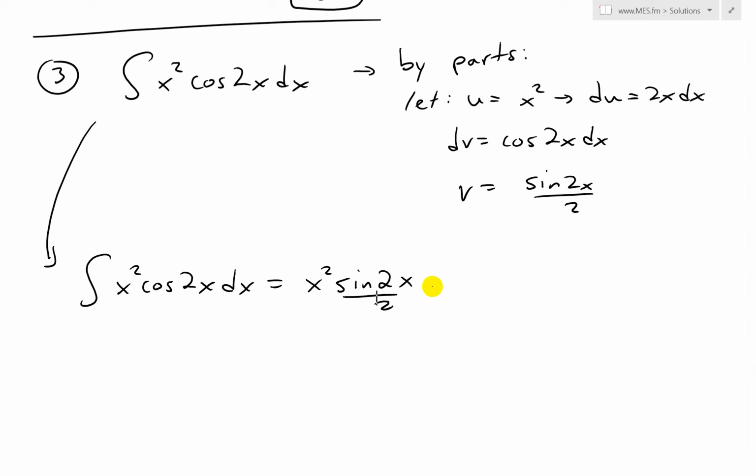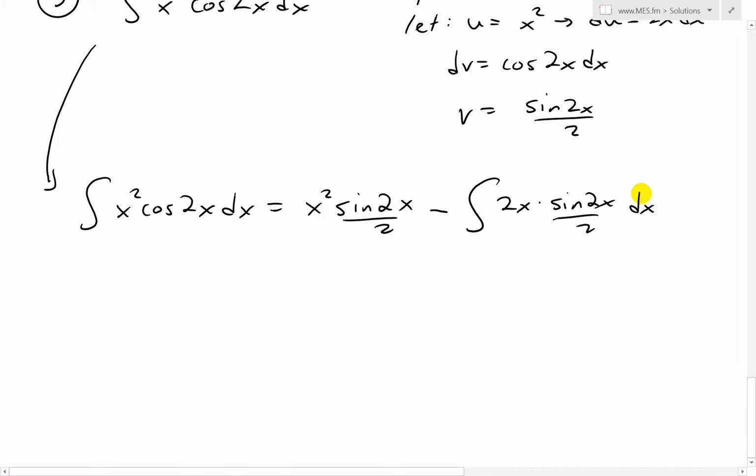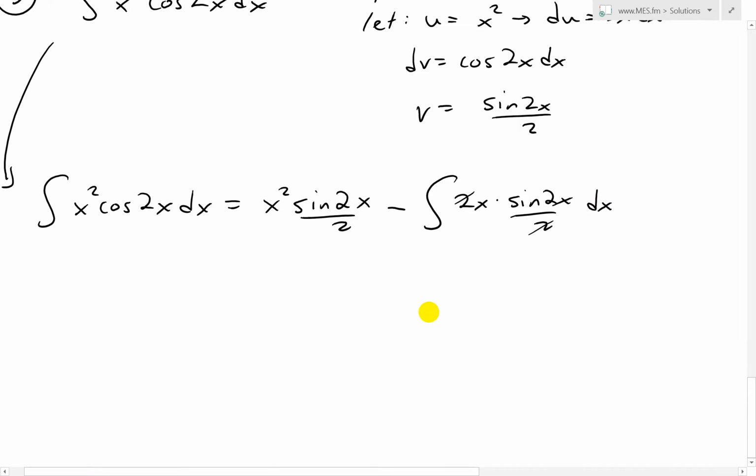And then now we subtract the integral of v, which is sine 2x over 2, and then du, which is 2x dx, like that. I'll put this in front first, so 2x, and now we times it by sine 2x over 2, and put the dx there.